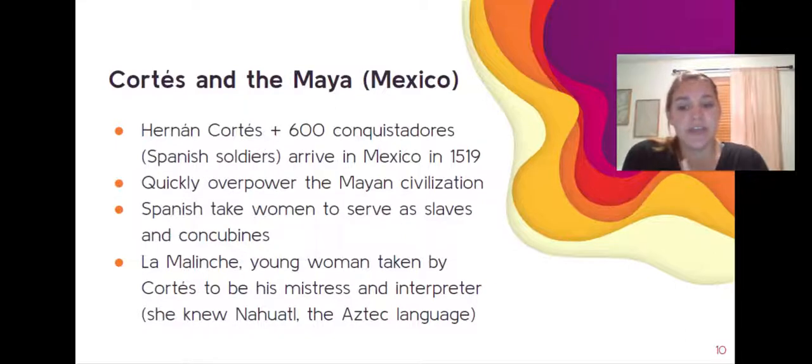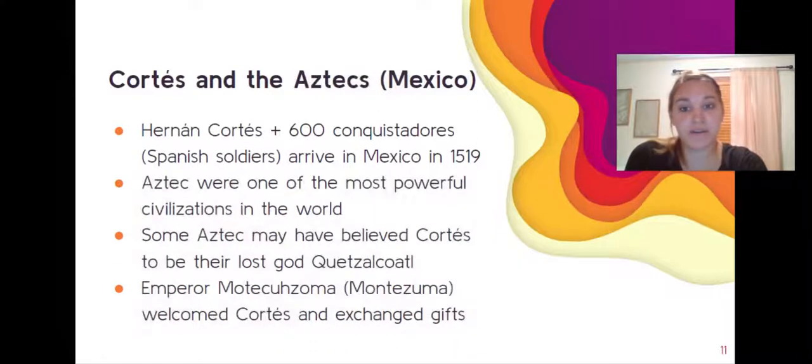But she is going to be taken by Cortes to be his mistress. She's going to be considered to be the mother of the mestizo race, but she will act as an interpreter. She knew Nahuatl, the Aztec language, and so she was able to really assist Cortes in his conquering of the massive Aztec empire.